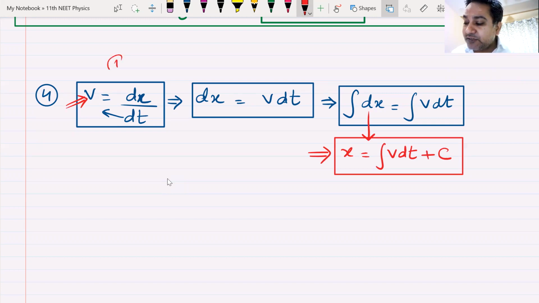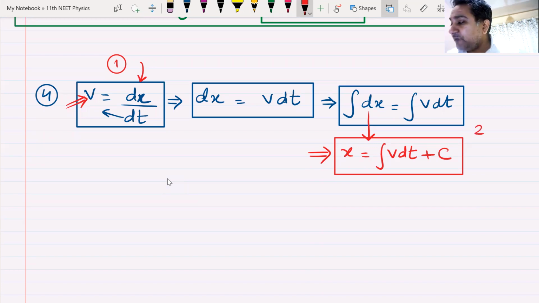Using this equation, this definition, I can get the value of v, velocity, when I know the value of x by differentiating it. So if I have position as a function of time, I differentiate it, I will get velocity as a function of time.